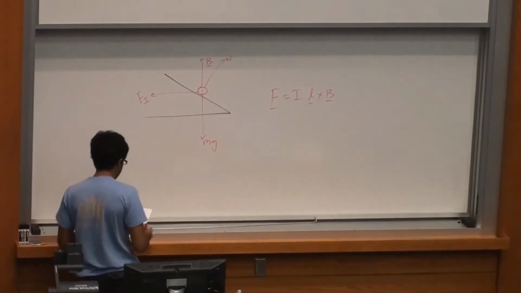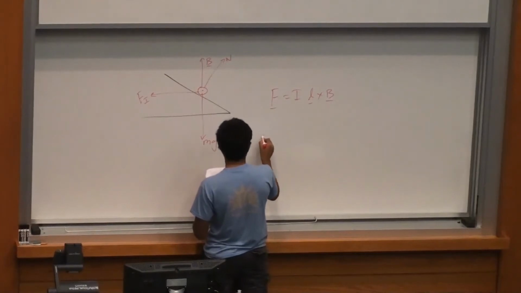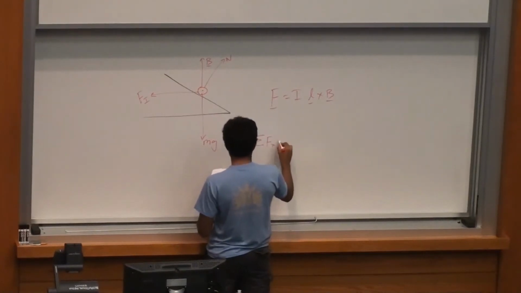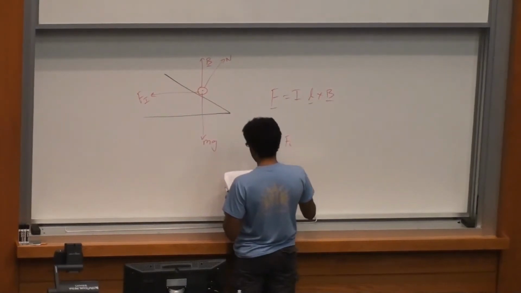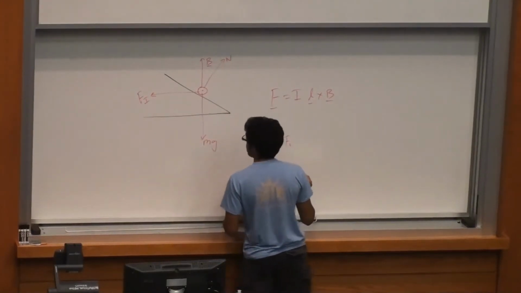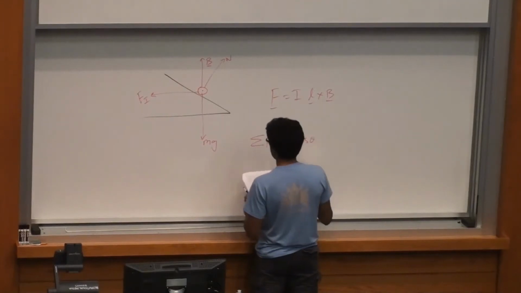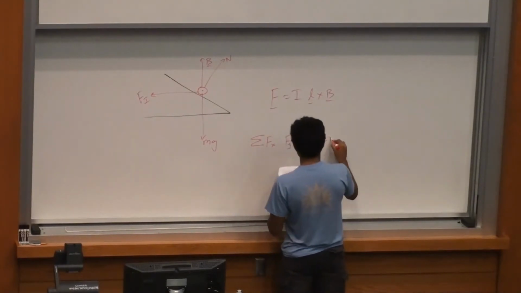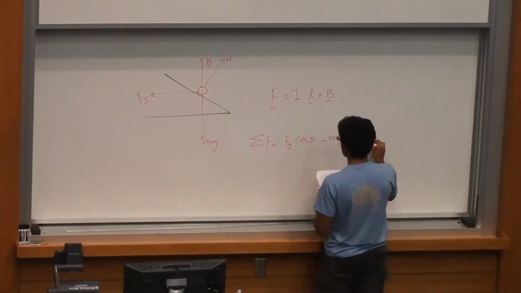Now I just sum up all the forces, so what I have here in the x direction, I have this force there, but if I make this my axis here, like that, then what I have here is Fi cosine theta minus mg sine theta equals 0.